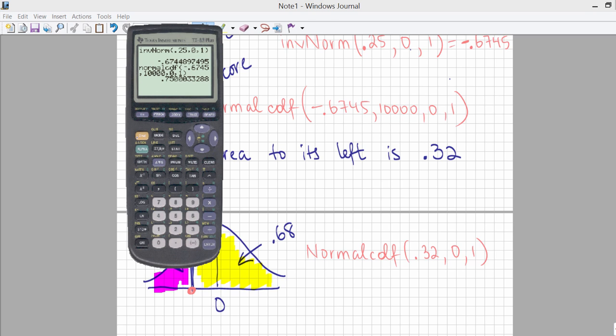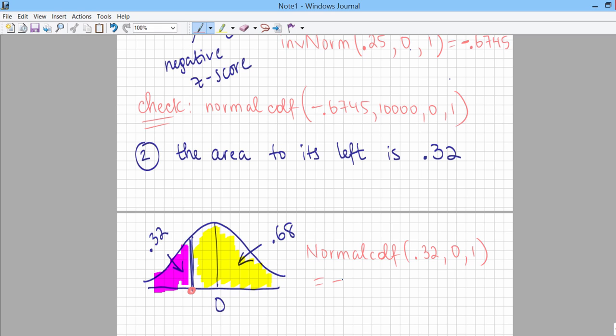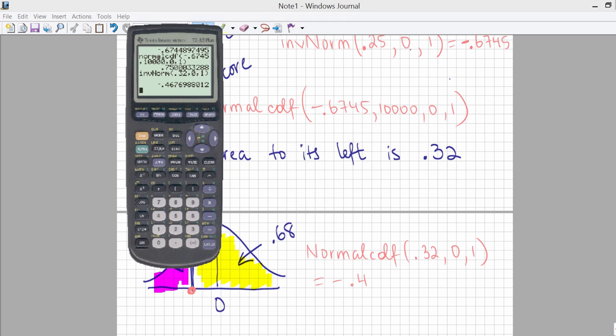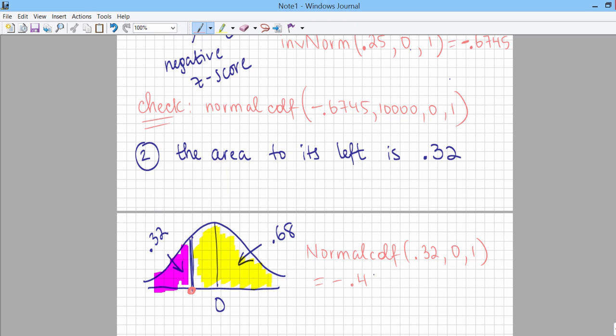I'm going to go to second variables, command 3, 0.3201, and we get negative 0.4677.